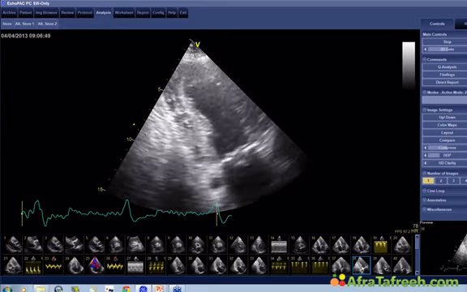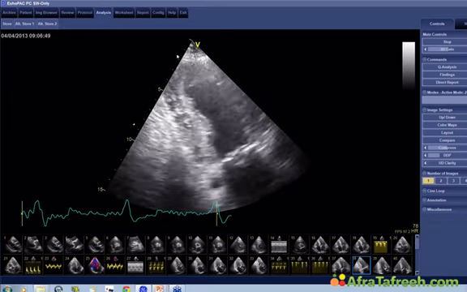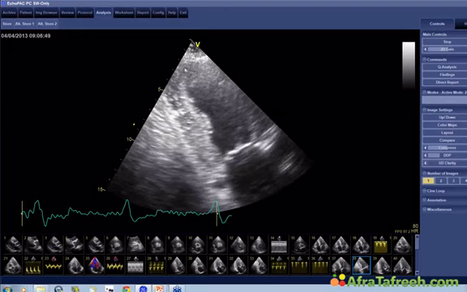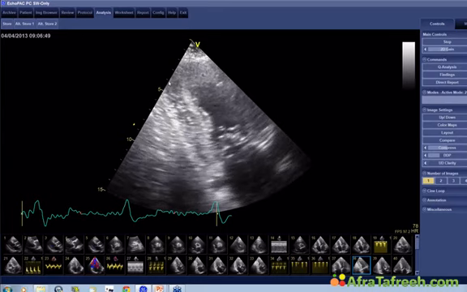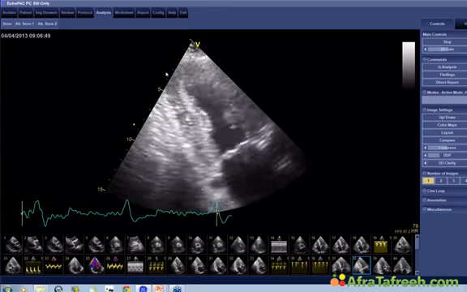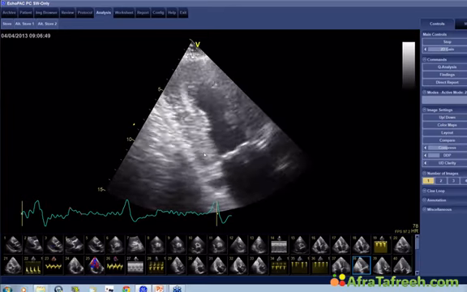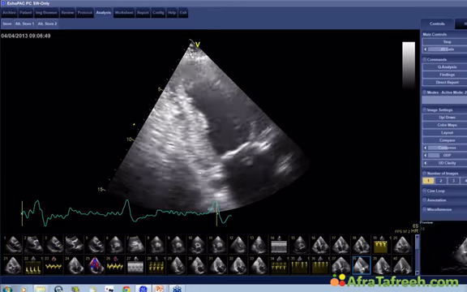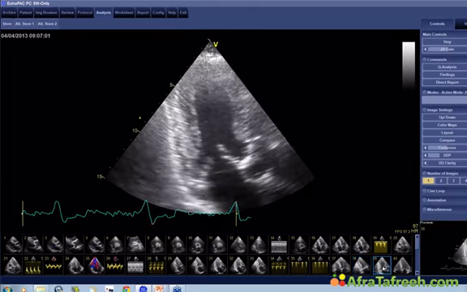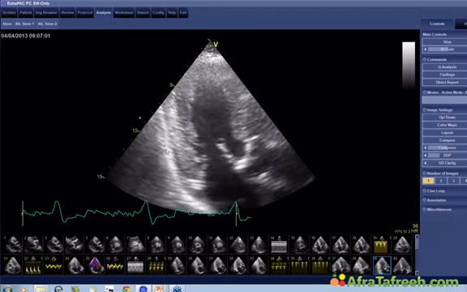Now let me turn to the two-chamber view to see how left ventricular function is here. Again, function is reduced, and I would almost assume that it is even less in the inferior wall. You have less contractility here. Compare this with this. So I would have the suspicion that the patient also has coronary artery disease.